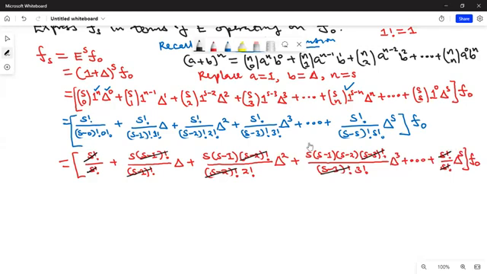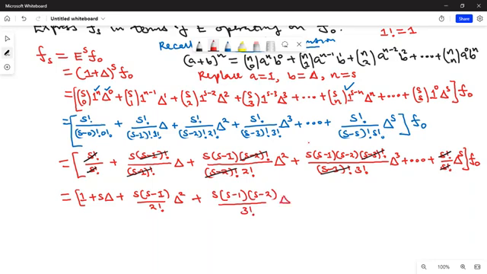So what we'll have here is the same as 1 plus s times delta plus s times s minus 1 over 2 factorial delta squared plus s times s minus 1 times s minus 2 over 3 factorial delta cubed plus so many other terms up to the last one, delta raised to s.